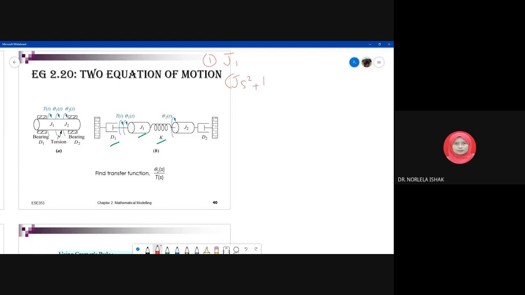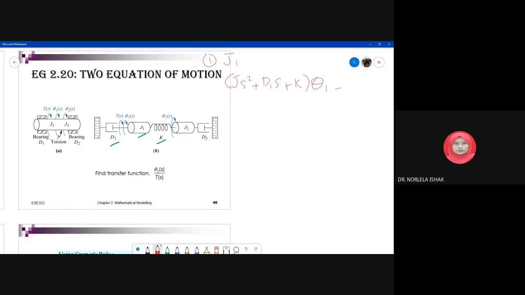plus D1s, we take the damper's impedance, and plus the spring, multiplied with theta 1. Okay, and minus what? What is the impedance between X1 and X2?